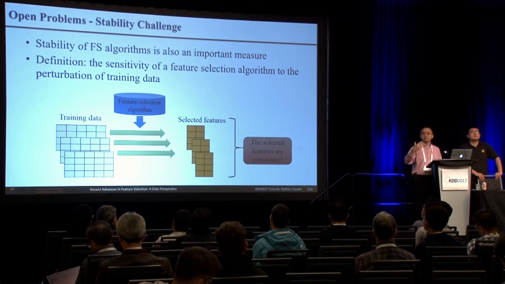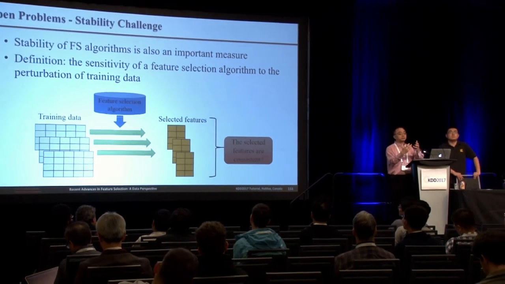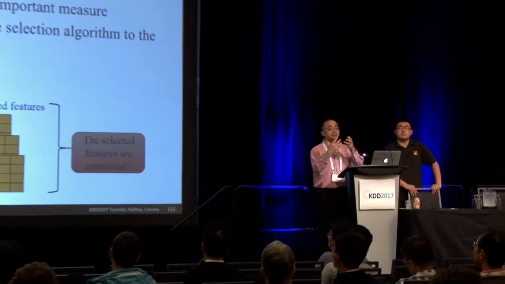How can I find a stable set of features? That also gives domain experts confidence. For example, a lot of people now work on healthcare-related issues, and they don't like it when you give them different sets of features.